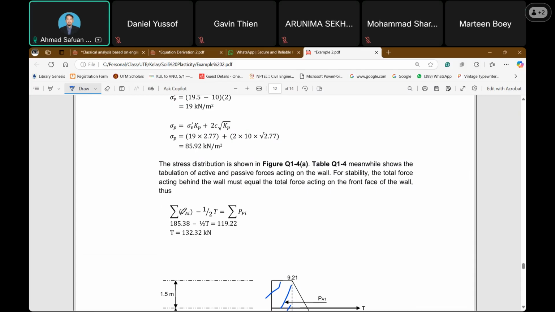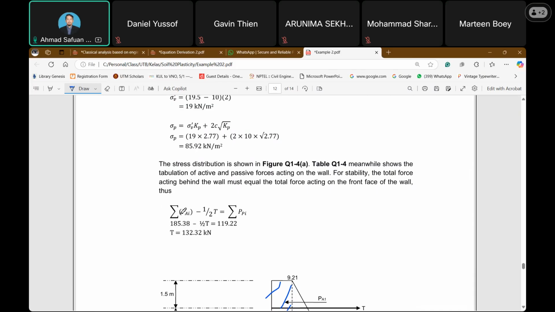So in order to have a per meter run, we divide it by 2. Then we need to apply 132.32 to strengthen the anchor in order to stabilize the sheet pile.